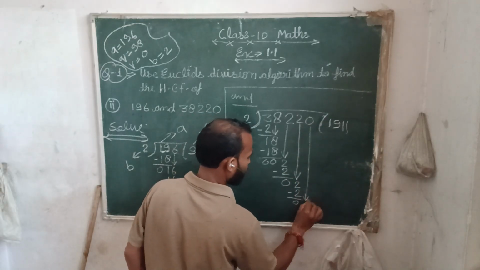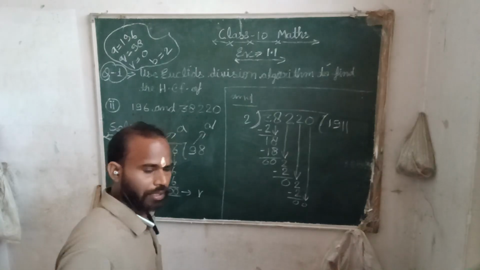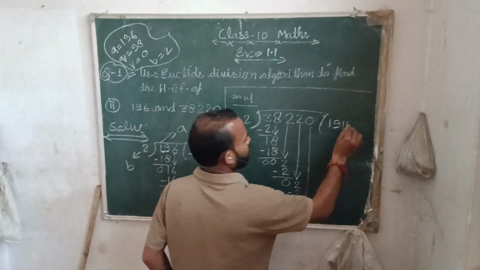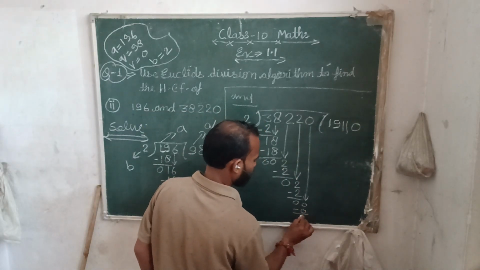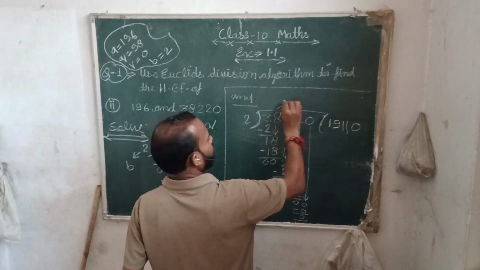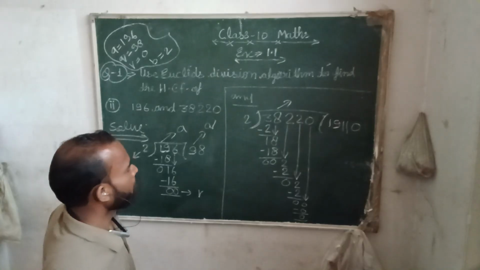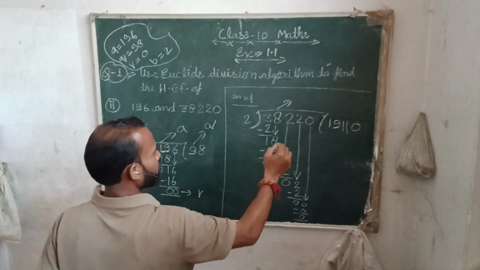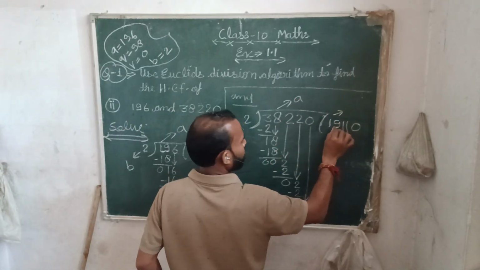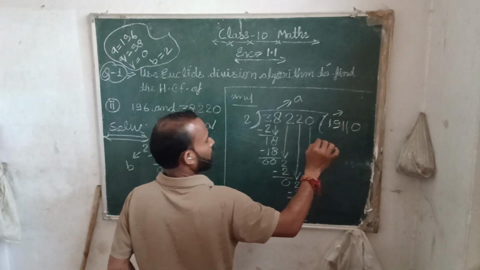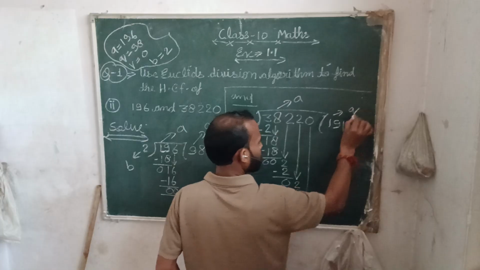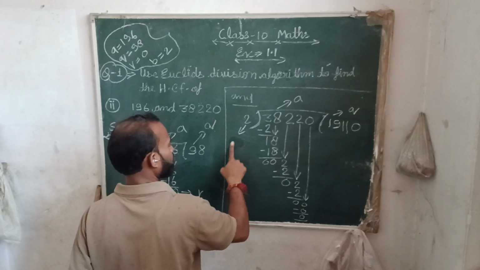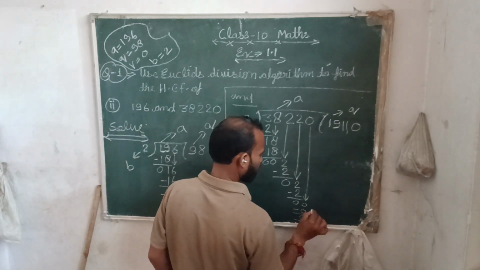Next digit 0, 2 zeros are 0. Okay, 38,220 is denoted by A, the dividend in this chapter, and 19,110 is denoted by Q, the quotient. 2 is your divisor, denoted by B, and 0 is the remainder, denoted by R.